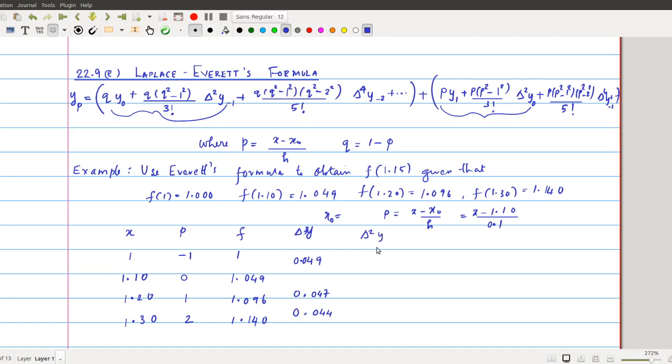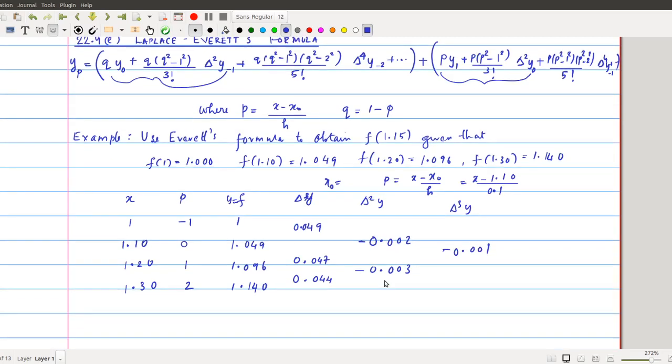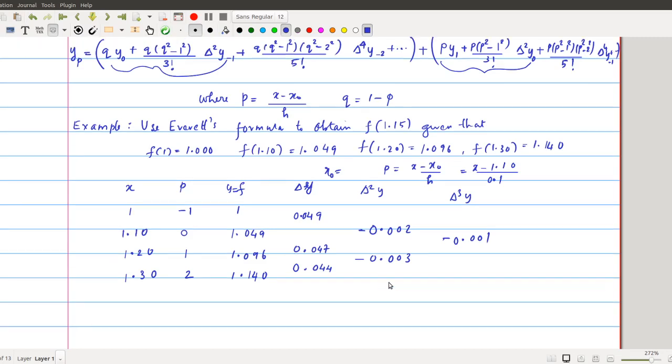This is our y. Delta square y is the difference between these two, so that will be minus 0.002, and the difference between these is minus 0.003, and we have delta cube. We are not using this anyway. We write minus 0.001.